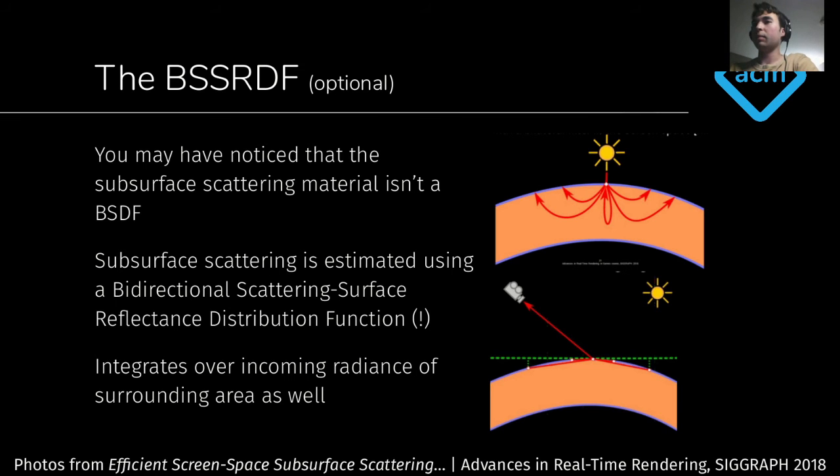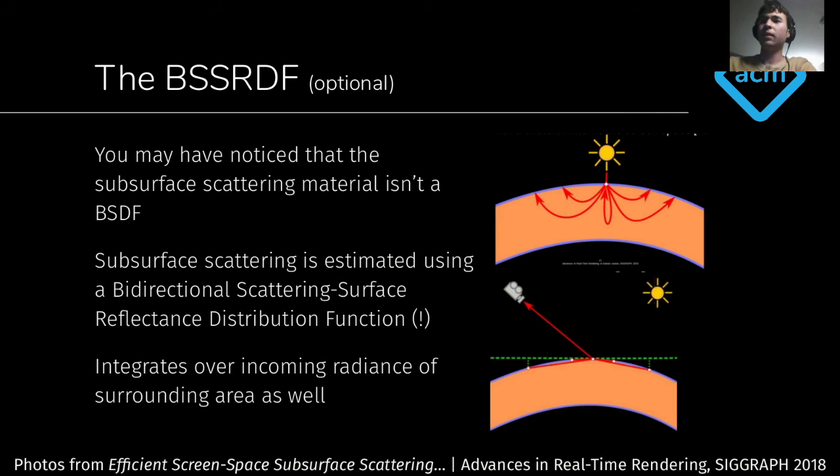Then, based on the distance to the camera ray hit point, we can calculate how much falloff there should be, or how much that point contributes to the camera's point, if that makes sense.